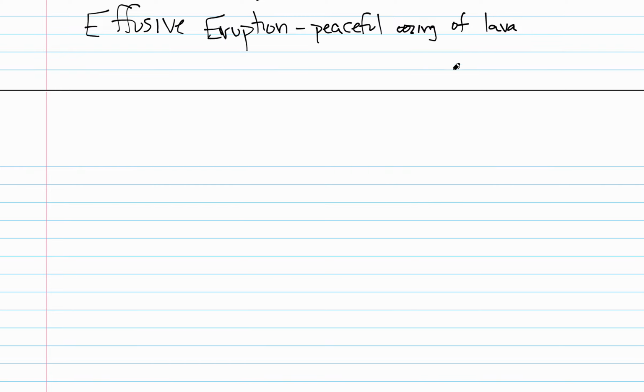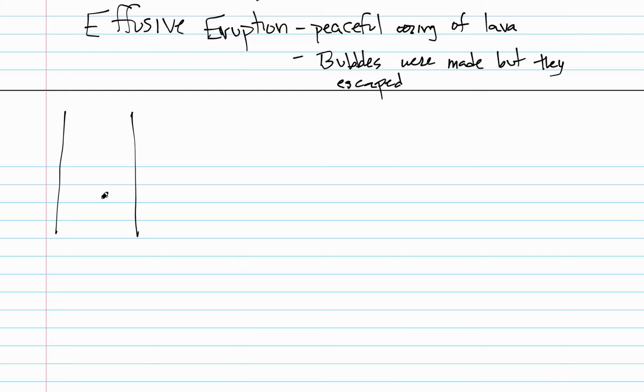And it can be any composition. One thing that is critical to state with this is that bubbles were made. They have to be made during ascent. But in the effusive scenario, they escaped. And I'll sketch that here. So here's our conduit again, like we did before. Bubbles start to nucleate, bubbles start to grow.